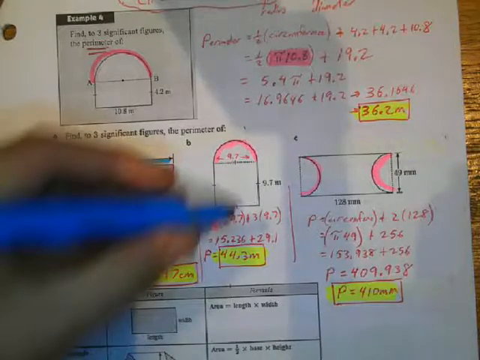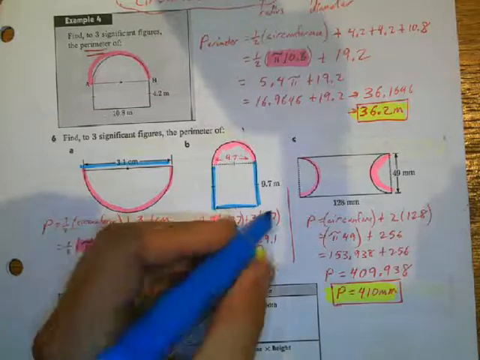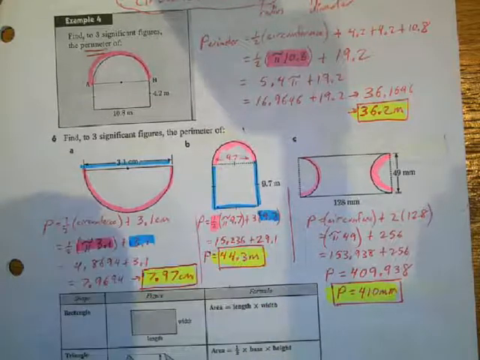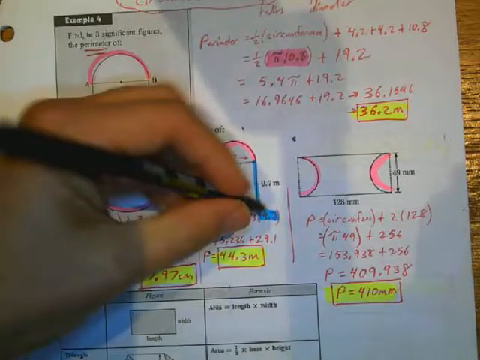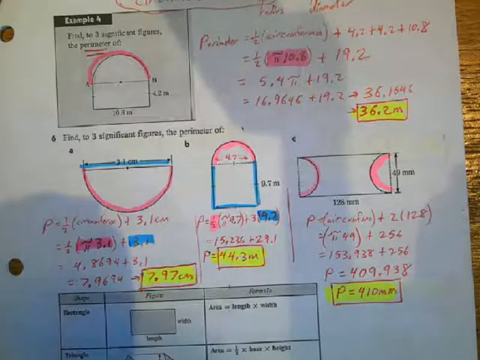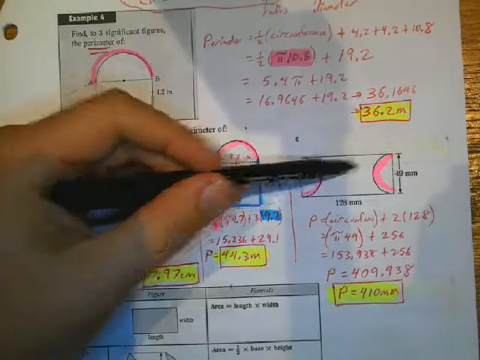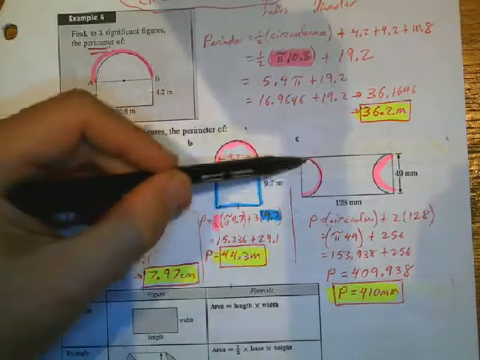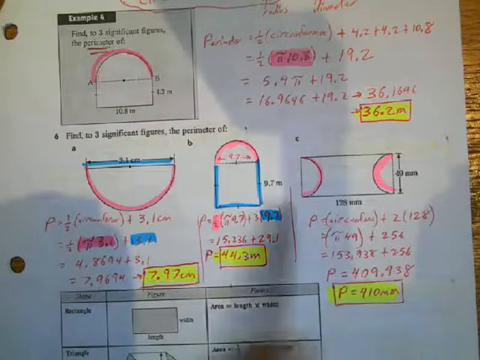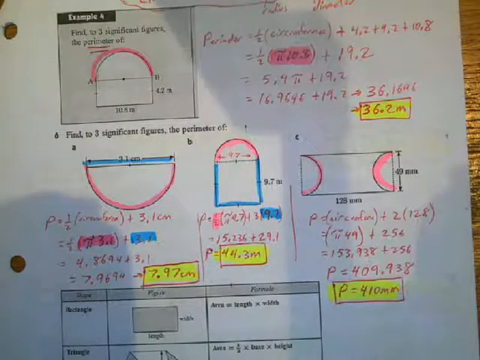Okay, I've got 3 sides with length 9.7, and we've got half of a circle. Now we have a whole circle here, and then we've got the length of 128 meters that we're adding there.